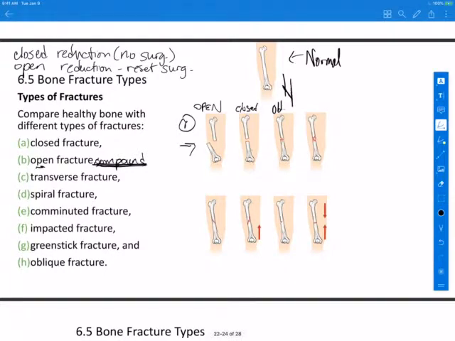If this is the long axis of the bone, it's an oblique fracture. And then this next image to the right, this is called a comminuted fracture. A comminuted fracture is one where there are several breaks that form a bunch of small pieces between two large segments. So here are all the small pieces in the middle of the bone.